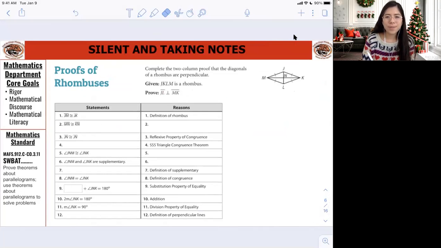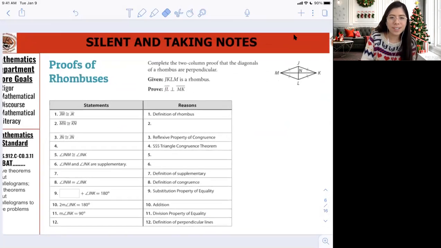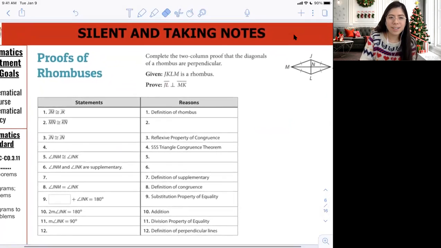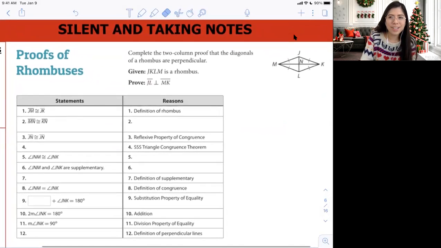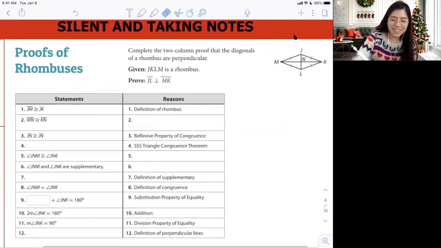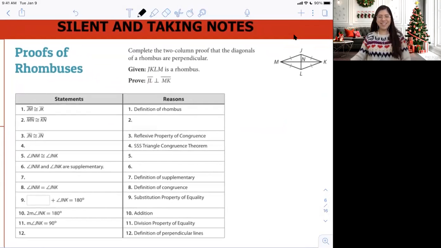Ooh, another 12-step proof. Awesome, amazing, great. This is the best day ever. This is my favorite day of geometry. You know what? I don't even want to leave. Like, wow, this is so great. I'm so happy. I'm gonna cry happy tears right now.